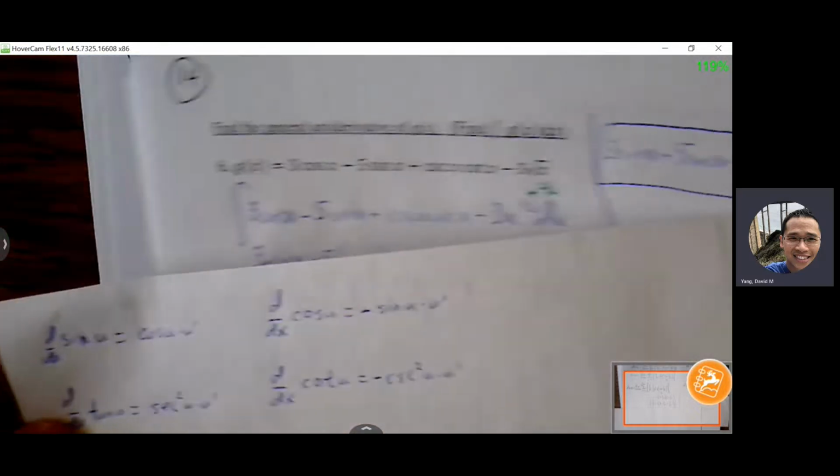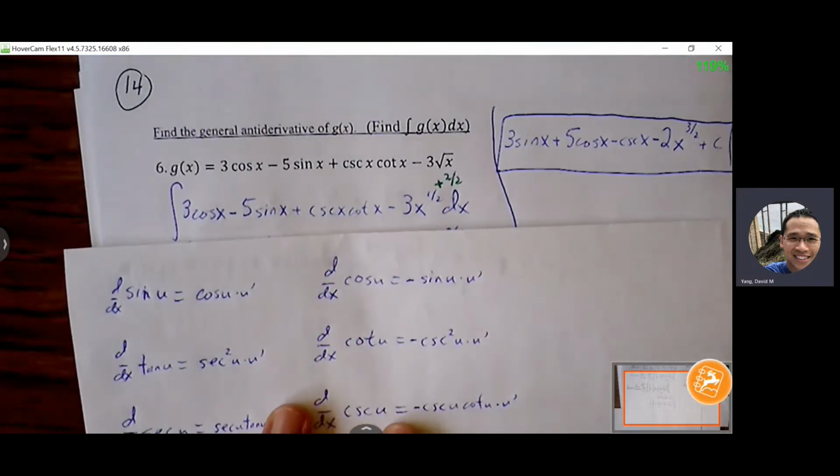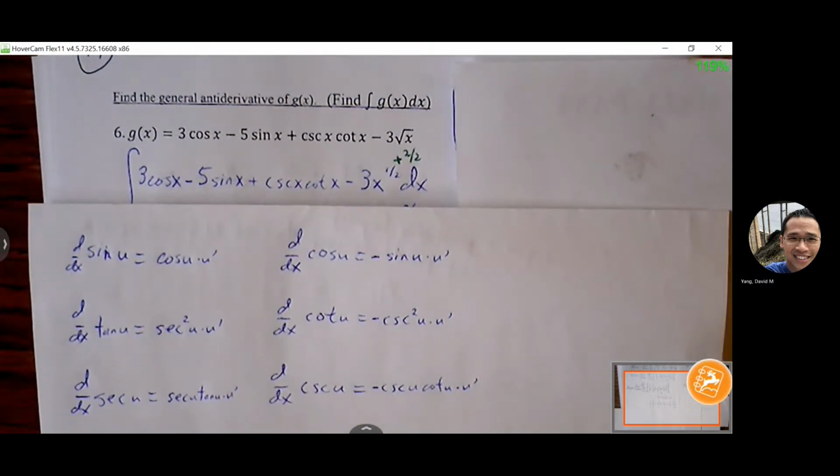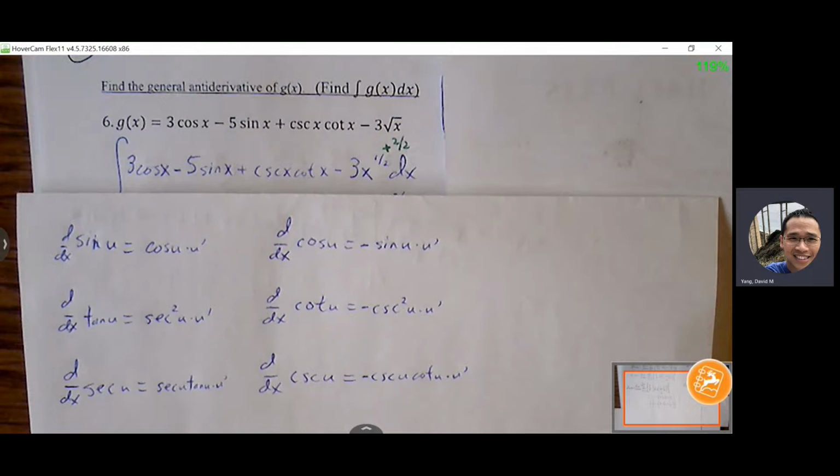Rewrite this for the function and show me the integral notation. It's also good to rewrite because that last term you want to rewrite as x to the 1/2, right? Get that radical into power rule form.